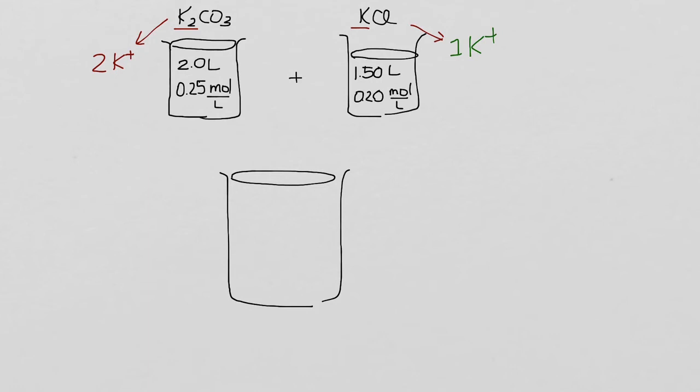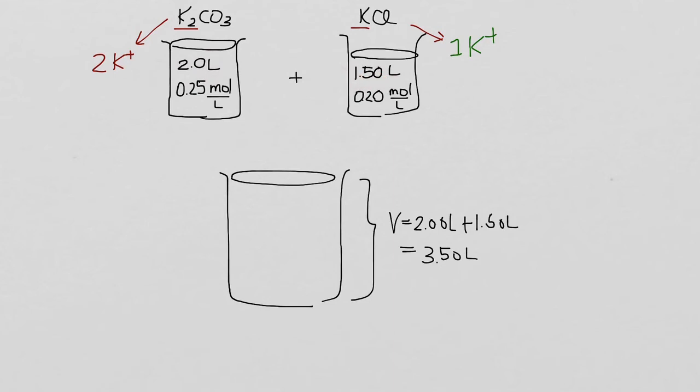So the total volume of the solution will be 3.50 liters, because you have added 2 liters to 1.5 liters. So that is 3.5 liters. Again, you added those two. Right?